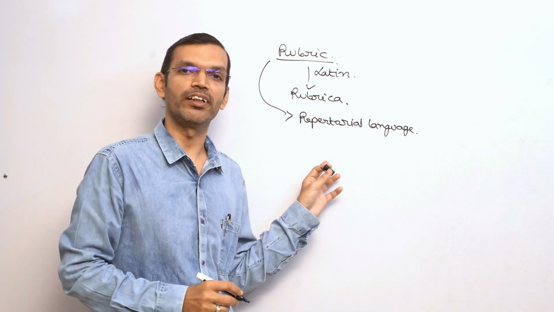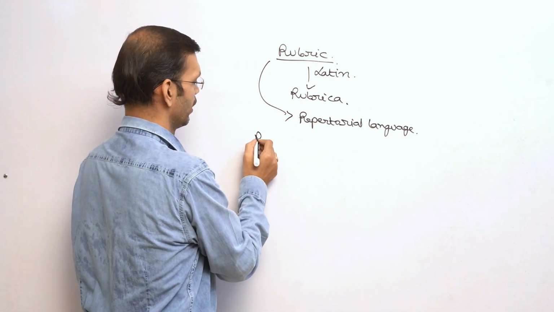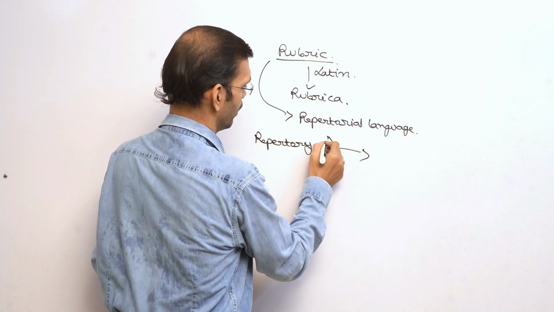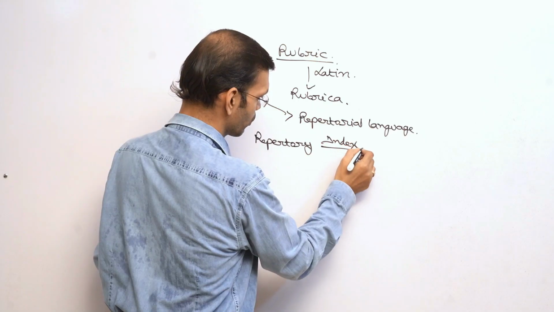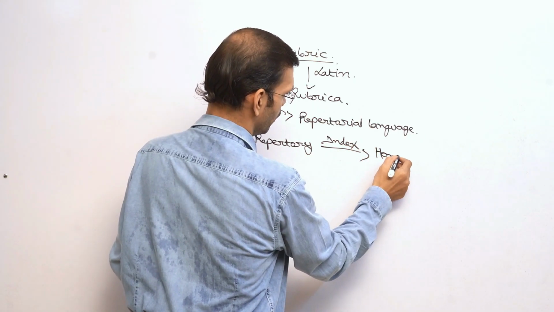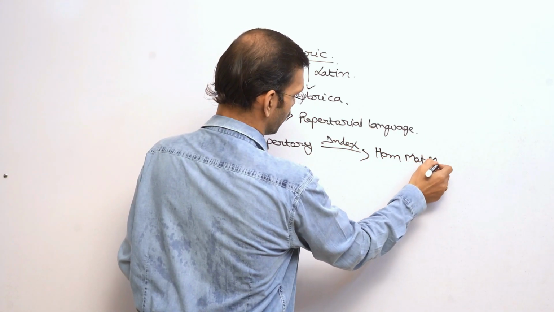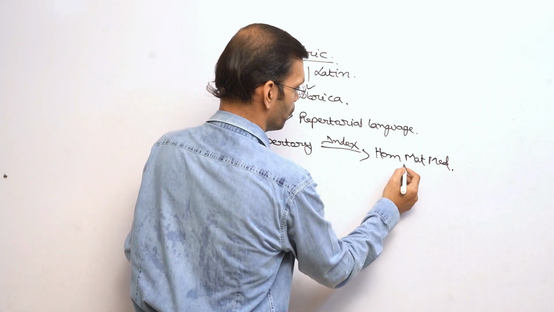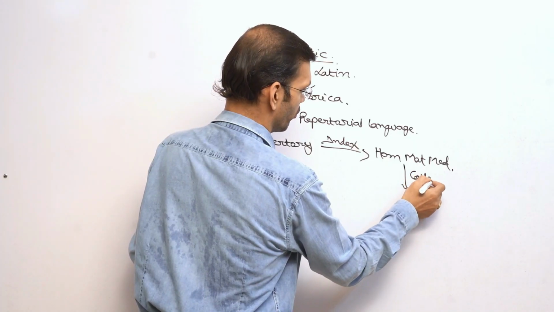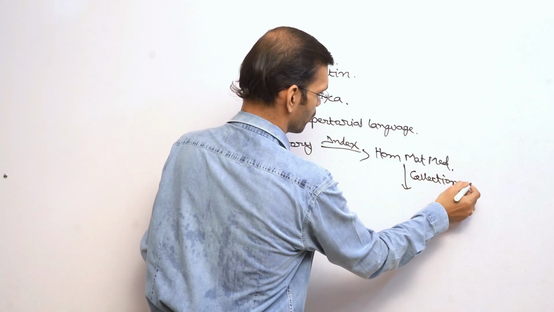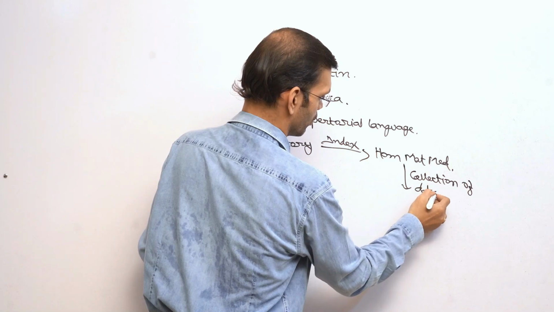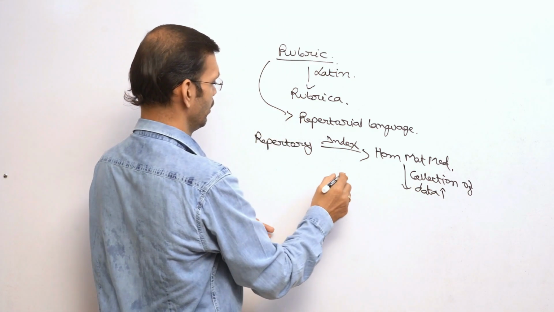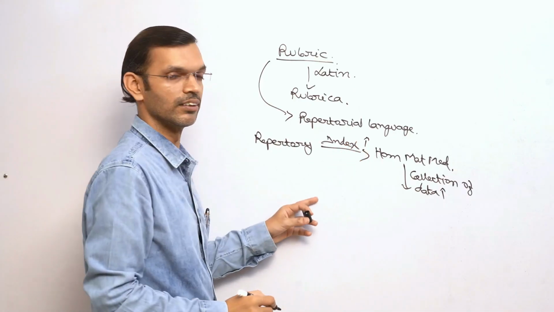Now, as we had already seen, repertory is an index of homeopathic materia medica. Homeopathic materia medica was the collection of data. When it increased, then the index would also increase.